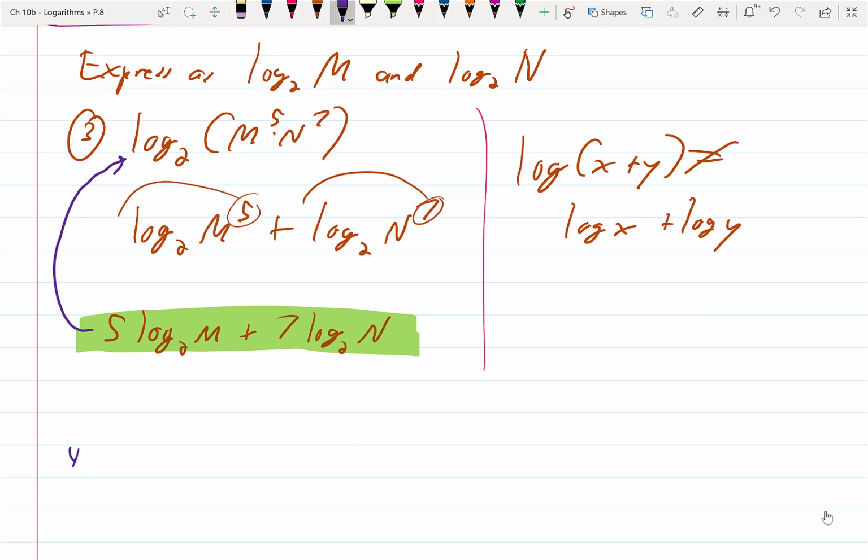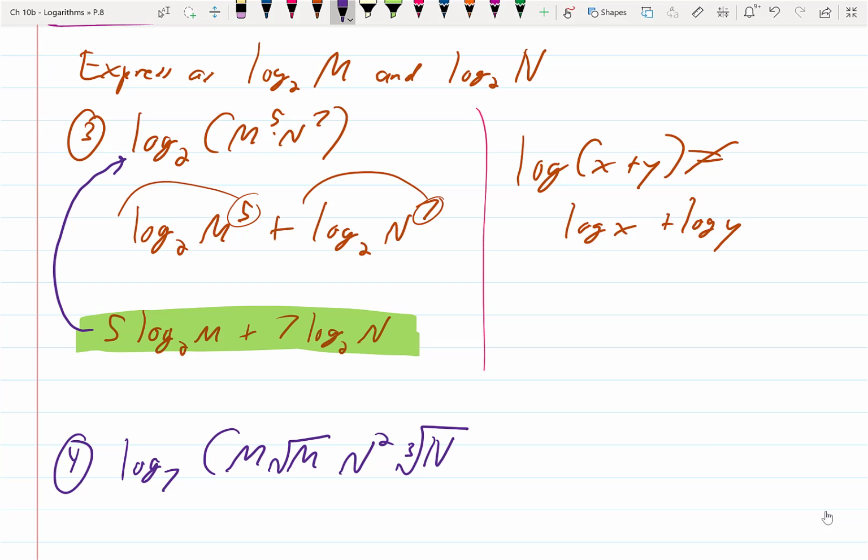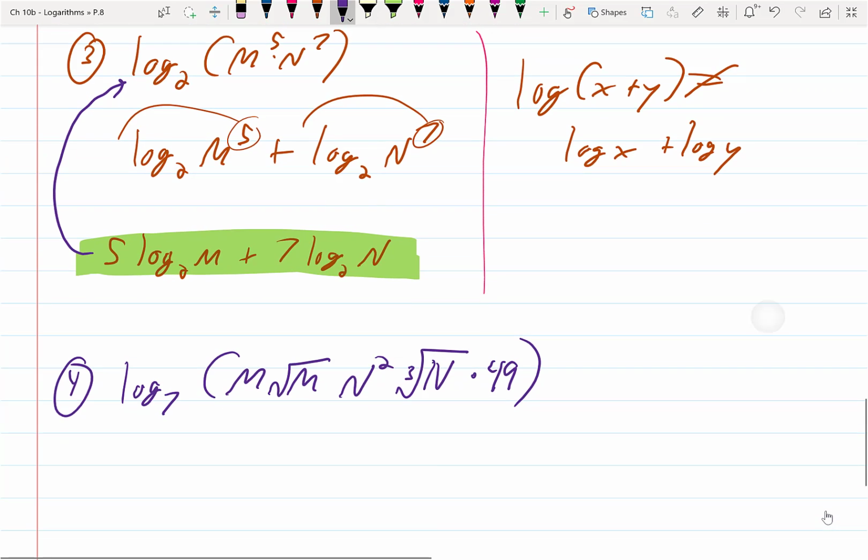Let's do some more breakups, though. Log base 7 of m root m, n squared, cubed root of n. And we'll just do a times 49 in there for kicks. My favorite expression.